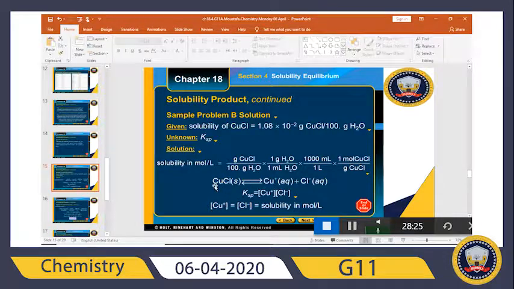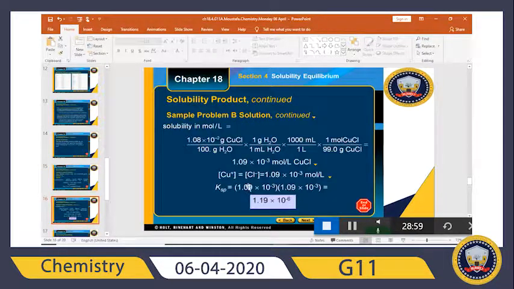Now copper(I) chloride solid will slightly ionize to Cu plus and Cl minus. So the Ksp expression equals the concentration of copper times the concentration of chloride. The concentration of copper equals that of chloride, because this is 1 mole and 1 mole, so it will equal the solubility in mole per liter, the value which will be found from this equation. So here, this is the value.